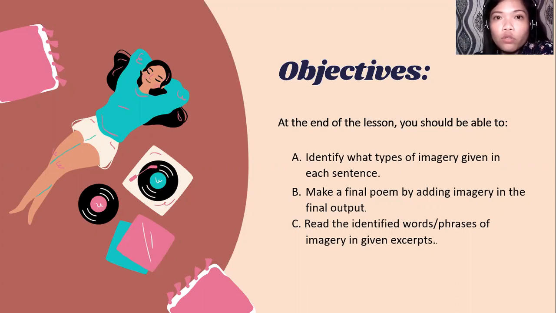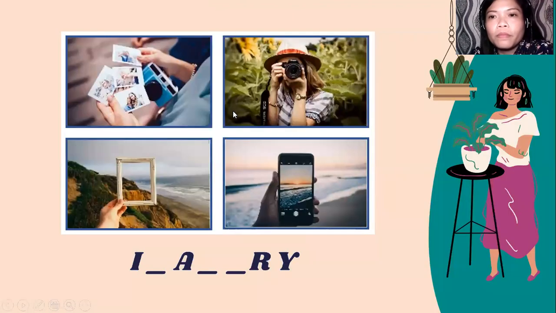However, you need to put imagery in your writing. So later on, we will discover what imagery is. And the last one is to read the identified words or phrases of imagery in given excerpts.